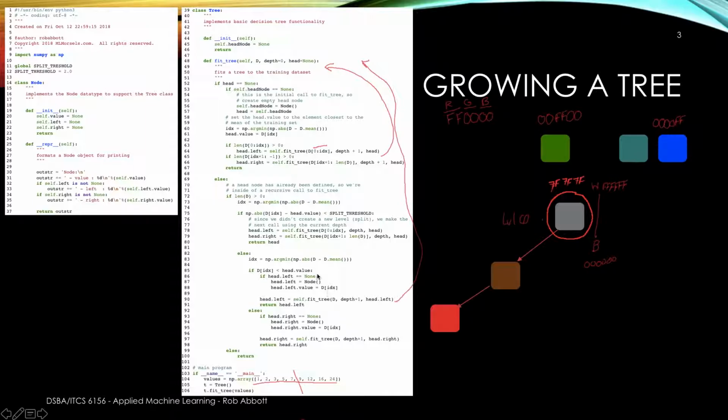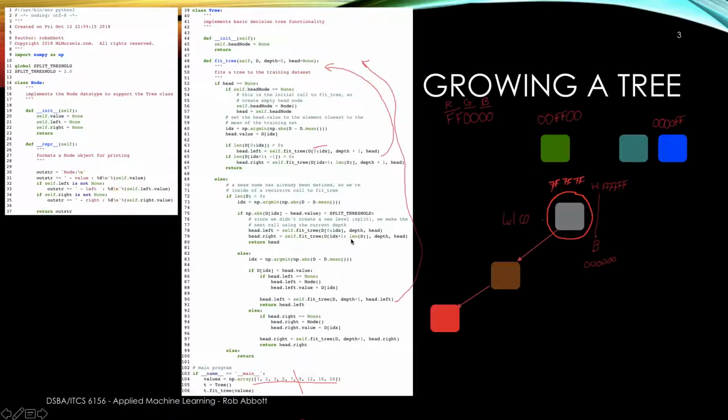So this returns, and it's going to return up to this level, because this is where we process the brown node. So head.left at this level of the stack recursion has now been set, and now we call fit tree to the right.